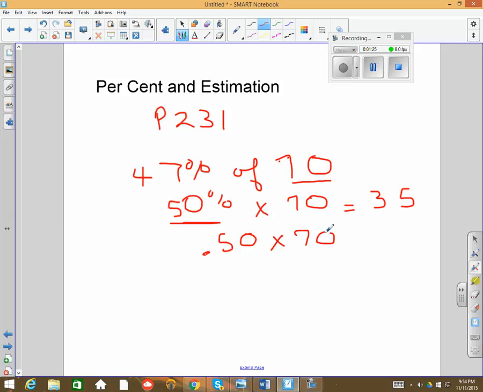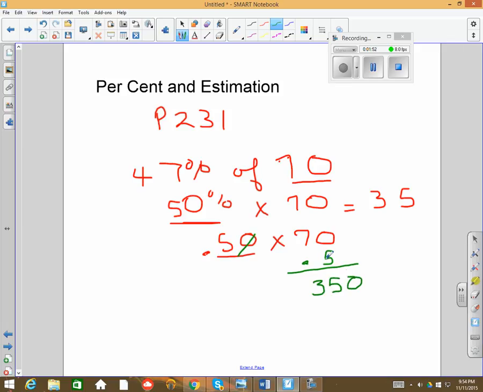When you multiply, you can put the 70 on top or the 0.50 on top. And 0.50 is the same as 0.5, so you don't have to have the zero. If I multiply 0.5 times 70, I'm still going to get 5 times 7 is 35.